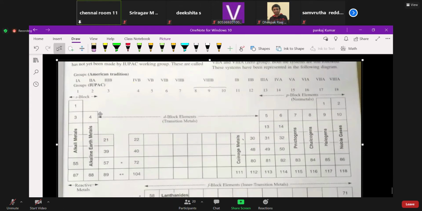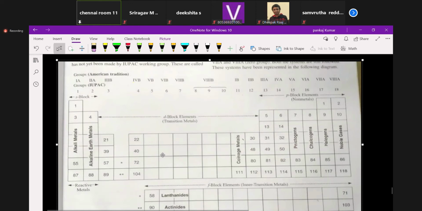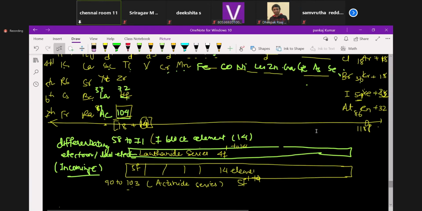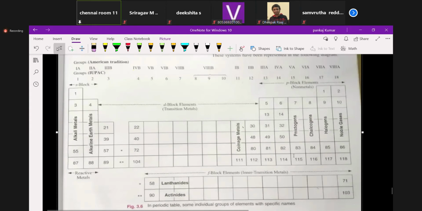So can you see the S block, P block, D block clearly? This block is empty. Actually, here are groups 3 to 12. Can you see here, 3 to 12?